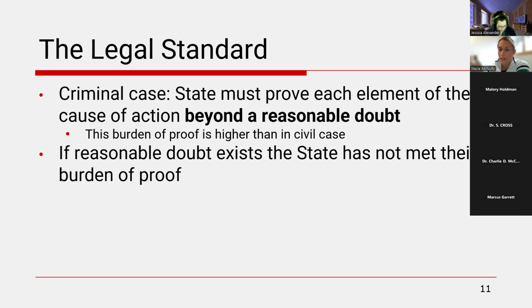If, for example, you're Goldilocks, the defendant, and there's some doubt as to whether she knew she was on someone else's property, or she thought she was on hers, or she thought she was in a park, if there's some reasonable doubt there, then the state hasn't met their burden, and that's something the defendant is going to point out. If there is reasonable doubt, then the jury must find that they are not guilty.